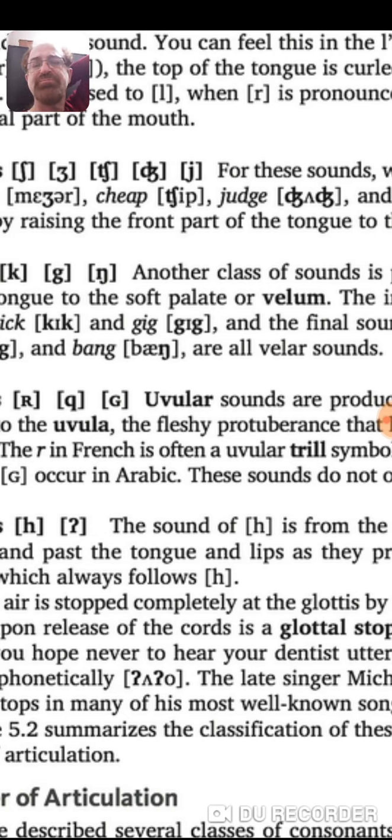So this is the q sound. How do they write it? They write it with a capital letter G, but small. What do they call this? Small capital. We say q, not found in Arabic, not found in Farsi.